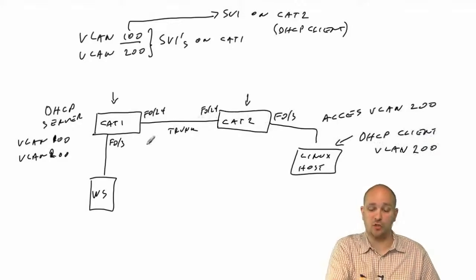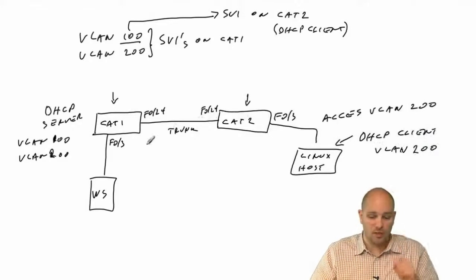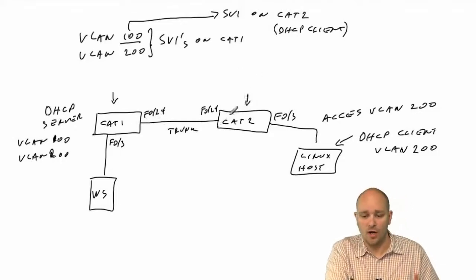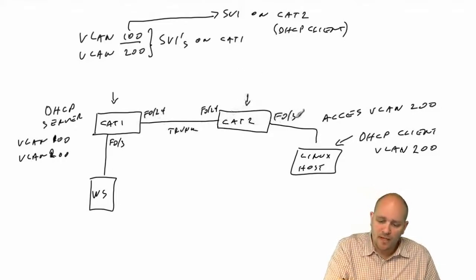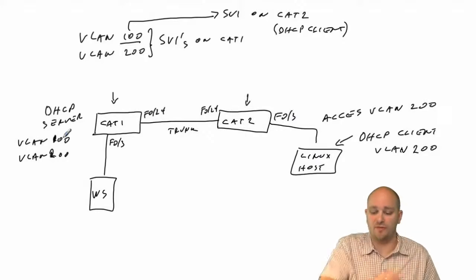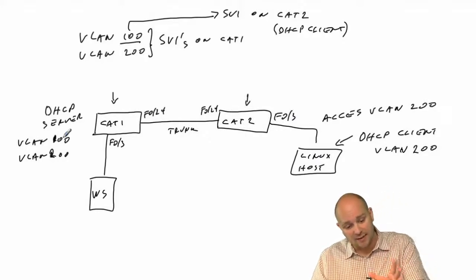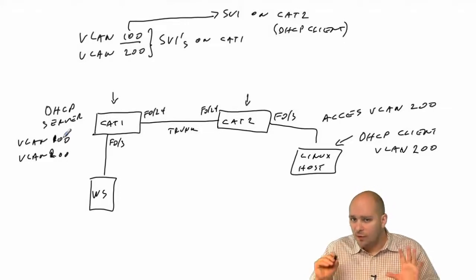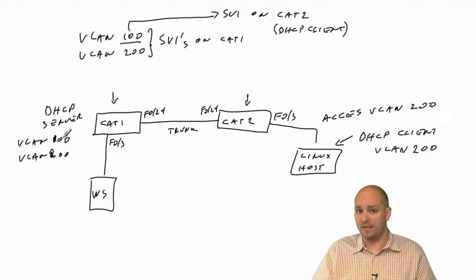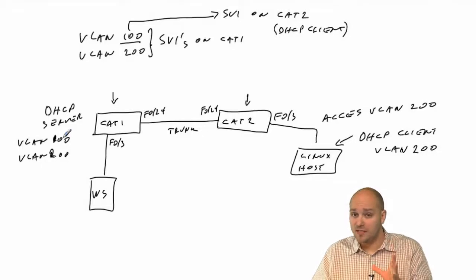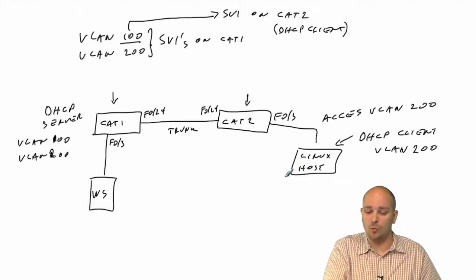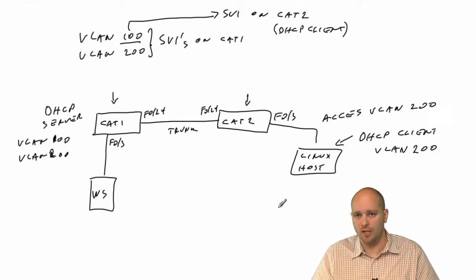And Cat2 is just going to be acting as a layer 2 switch here. So it is going to act as a DHCP client in VLAN 100, but in VLAN 200 we are just going to pass the traffic from the Linux host and attempt to assign an IP address from Cat1. There is a reason why I want to show you different behavior between what Cisco is going to do as a DHCP client here in VLAN 100 and what, for example, a Linux host is going to do.